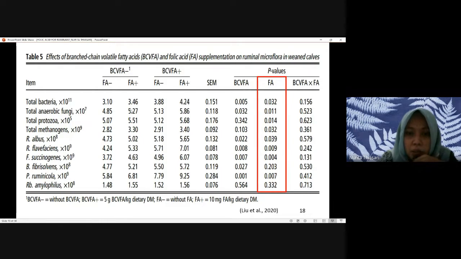And next, I also found another author who also has an experiment about the folic acid. So I would like to focus only on the folic acid supplementation.